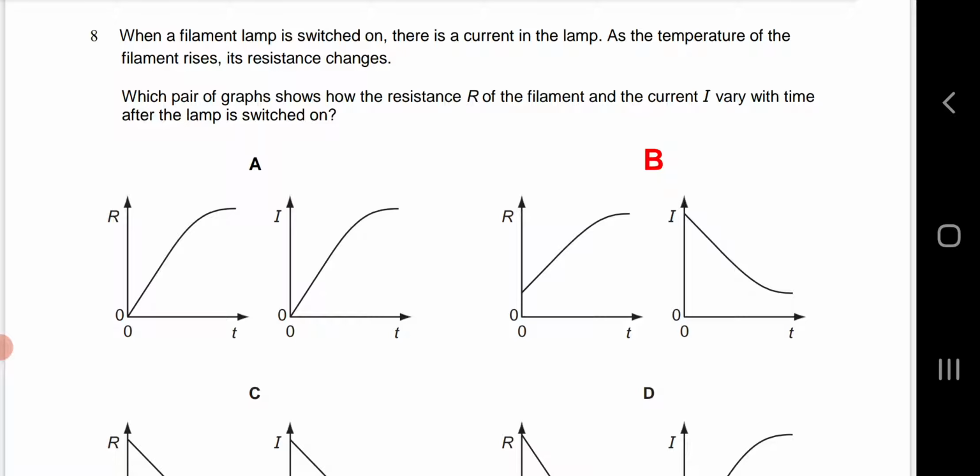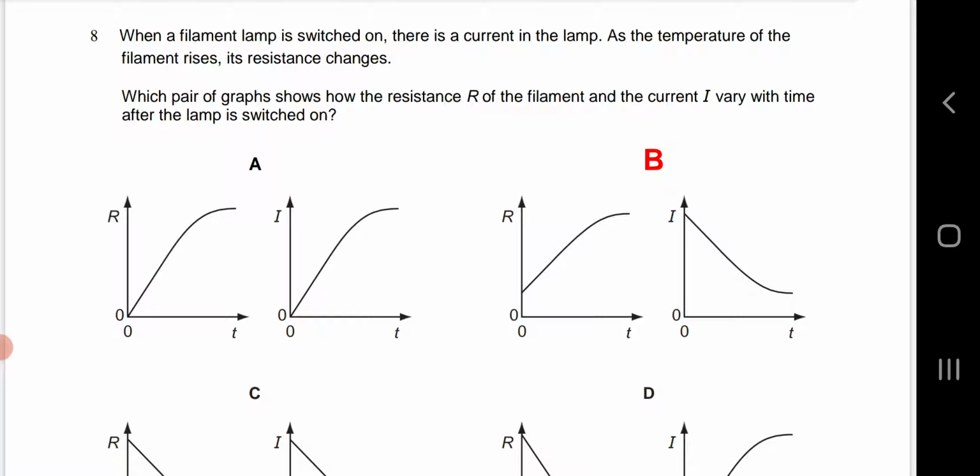Okay, as the lamp becomes hotter, its resistance will increase. And from Ohm's law, we know that there is an inverse relationship between resistance and the current. So if the resistance of the filament is increasing because of its rising temperature, then the current will decrease in the bulb.